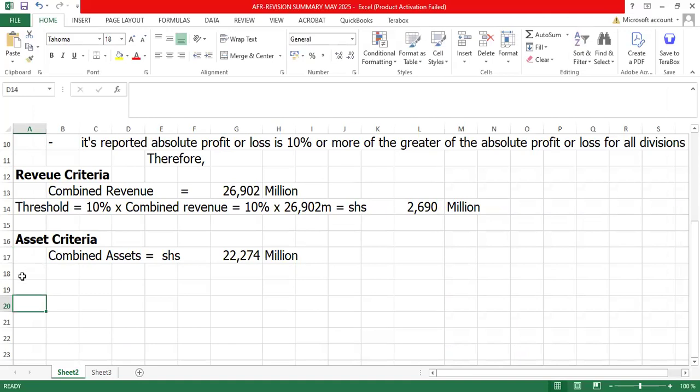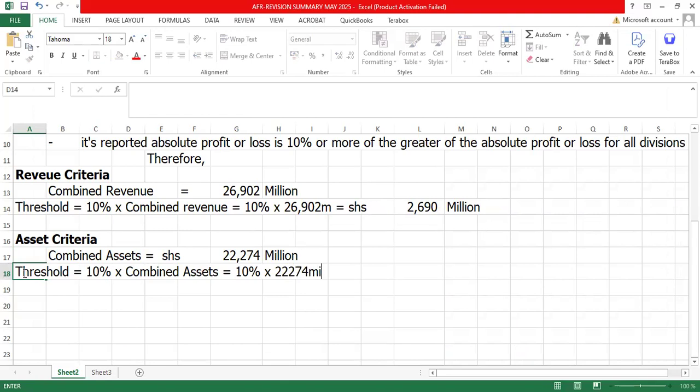So from this, the threshold here is 10% times the combined assets. Look at 10% times 27,274 million. How much do you get? This is shillings. 10% times this.